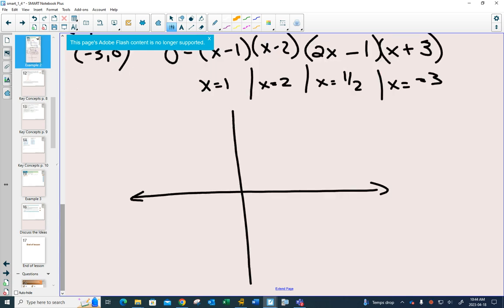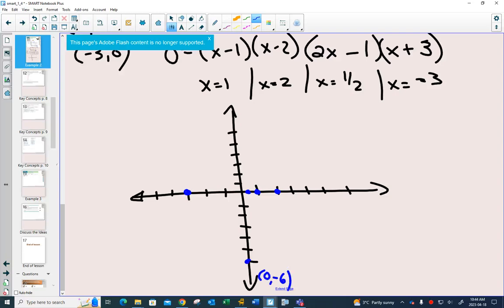So to graph this, what we need to do is put on all of our x-intercepts. So we have an x-intercept at 1/2, at 1, at 2, and at negative 3. We have our y-intercept at negative 6.